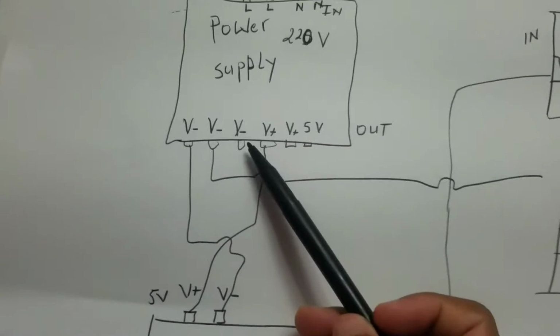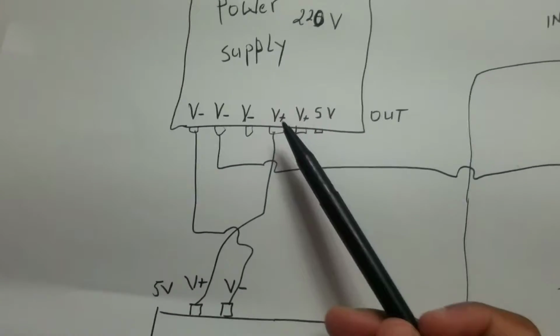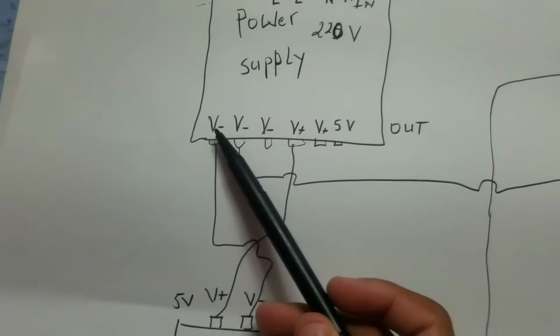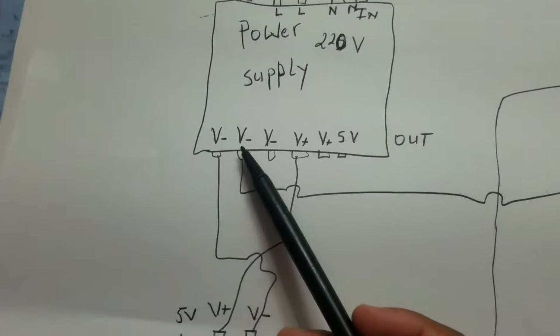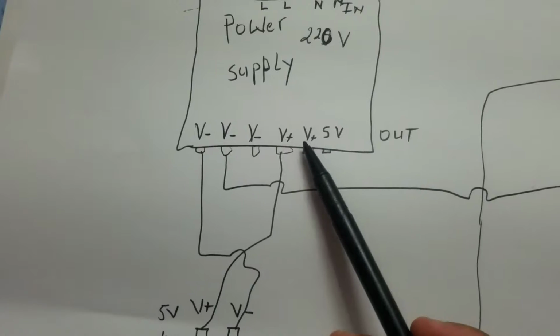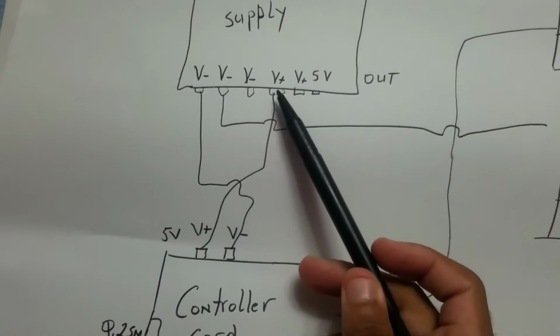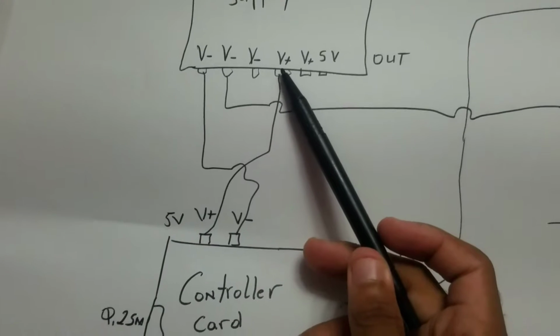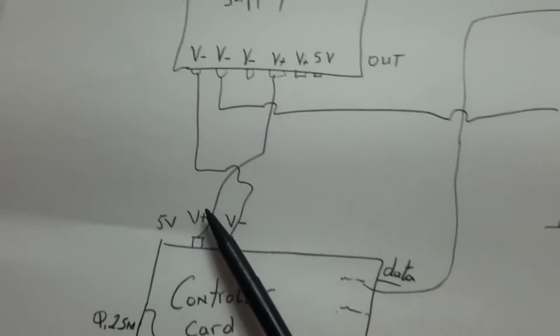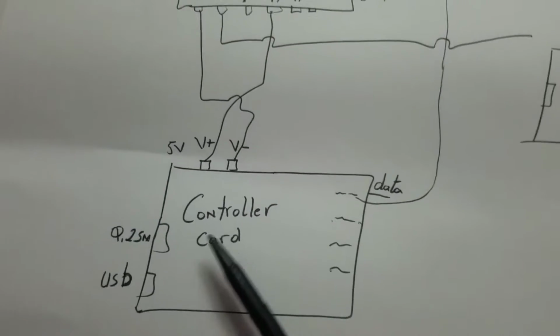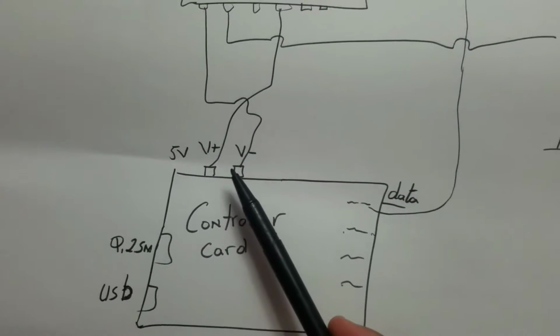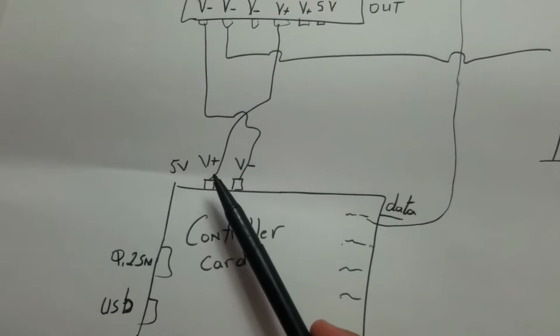Then from the different terminals, we have 3 negative terminals and 3 positive terminals. So you need to connect one positive terminal to supply your controller card. Right? It also has 2 terminals.